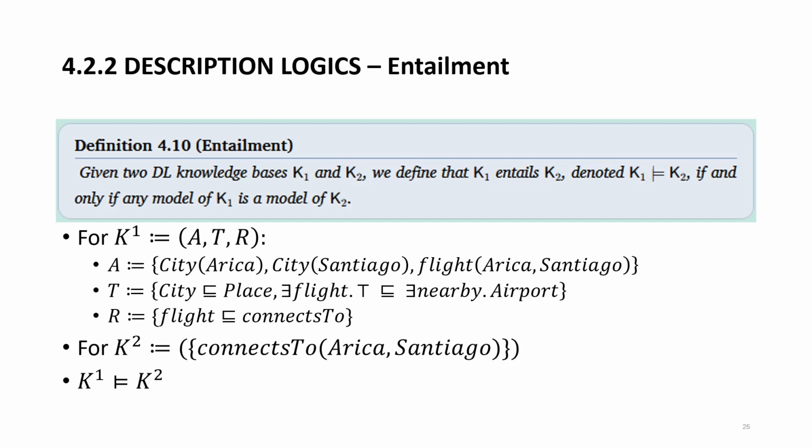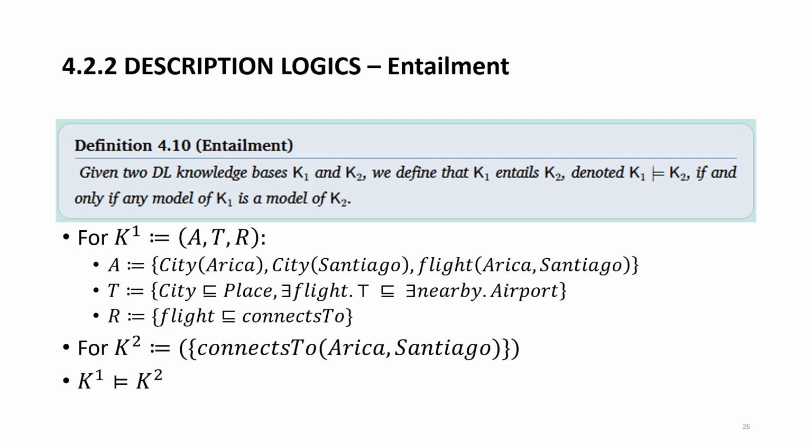Any model of K1 would have to have that flight is a sub-property of connects to, and would also have to have the relation flight Arica Santiago. A model that contains those two also contains connects to Arica Santiago. So all models of K1 are also models of K2.